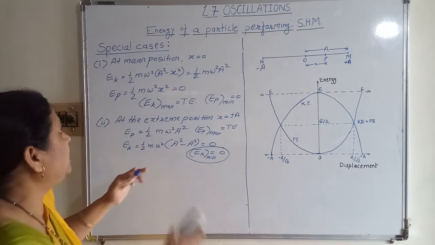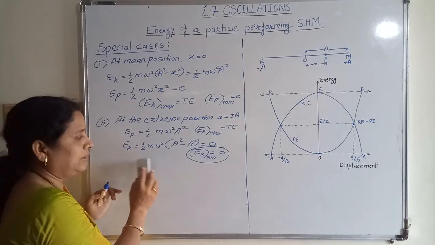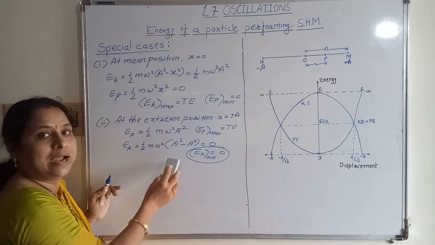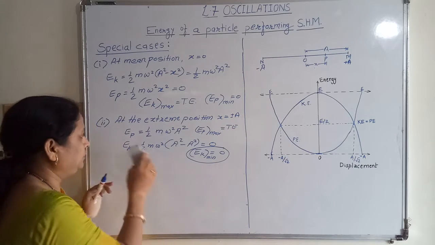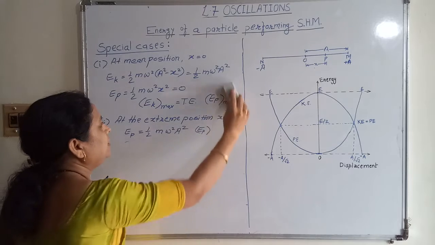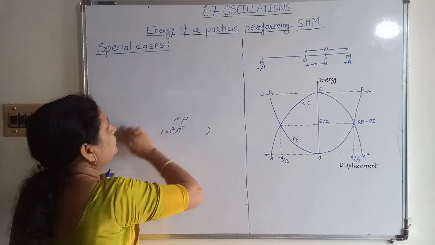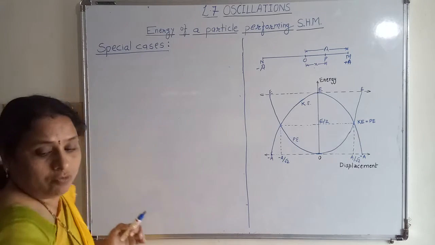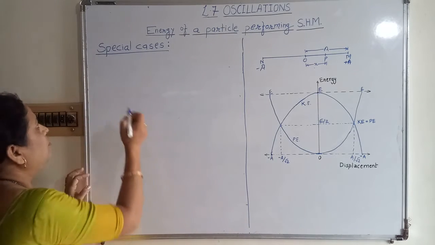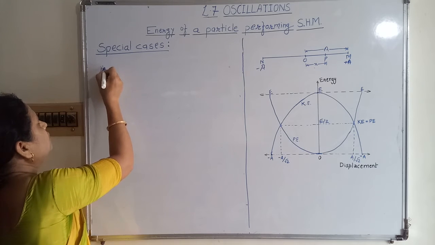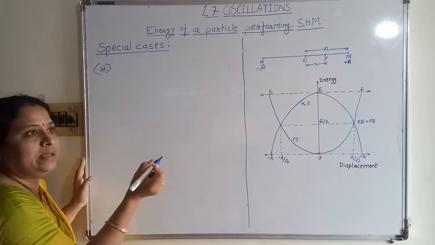In the special cases, we have discussed two cases so far, at the mean position and at the extreme position. Now we see two more points. The third point is when the kinetic energy is equal to the potential energy.